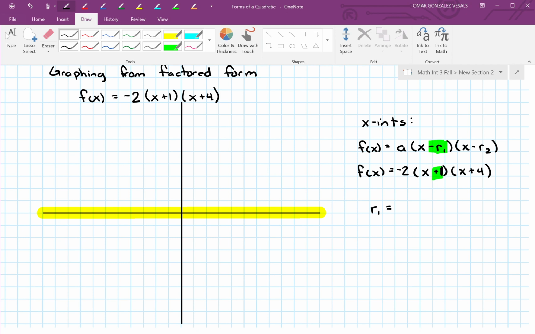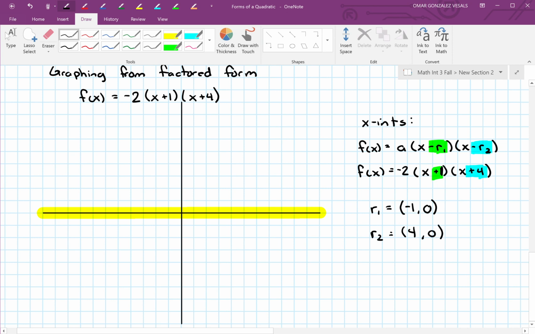So root 1 is negative 1, and you write it like this: over negative 1, up 0. So that's root 1. Root 2 is going to be what, guys? You write it as over negative 4, up 0.